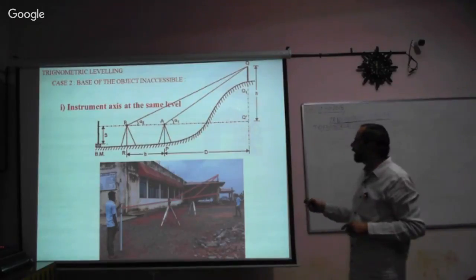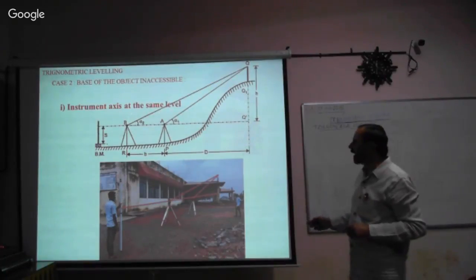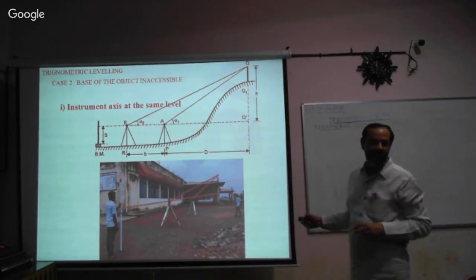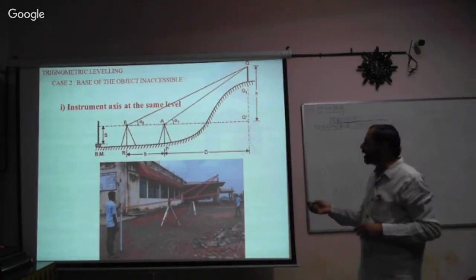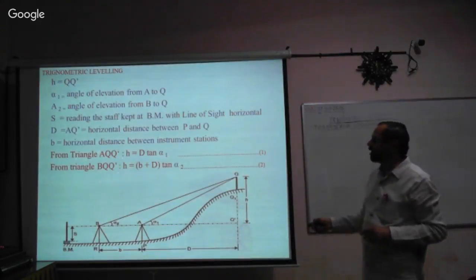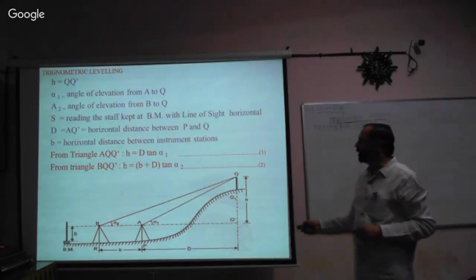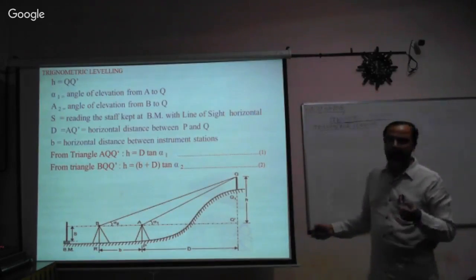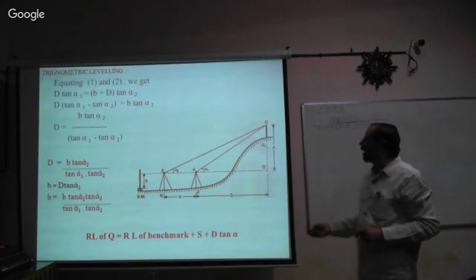Now for this first triangle, alpha 1, this is D tan alpha 1. But for the second triangle, it is B plus D tan alpha 2, isn't it? Now equating them, we can calculate it. The first triangle gives D tan alpha 1, and for the second triangle H is equal to B plus D tan alpha 2.